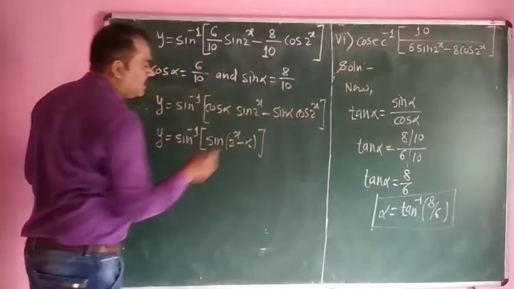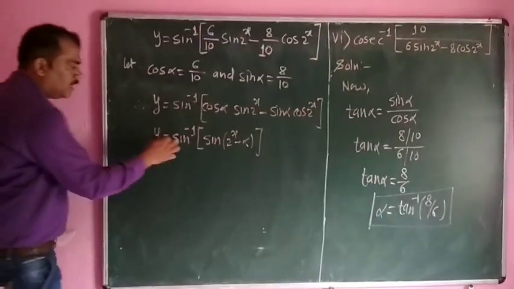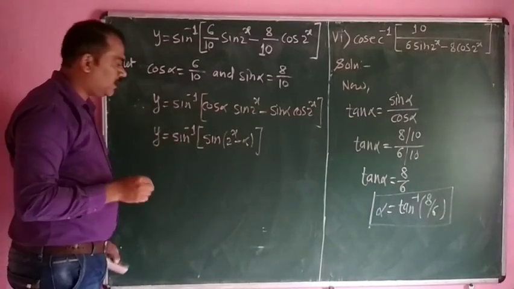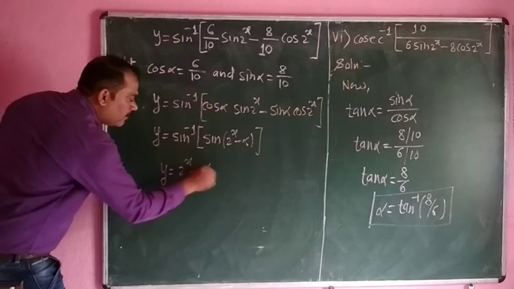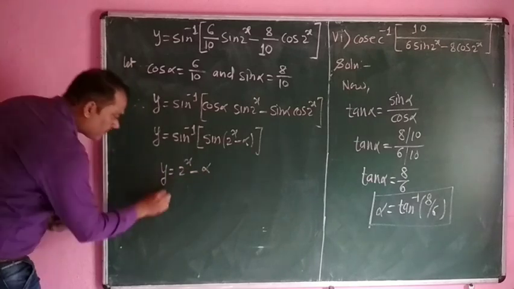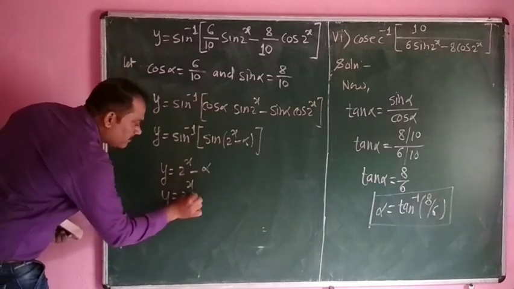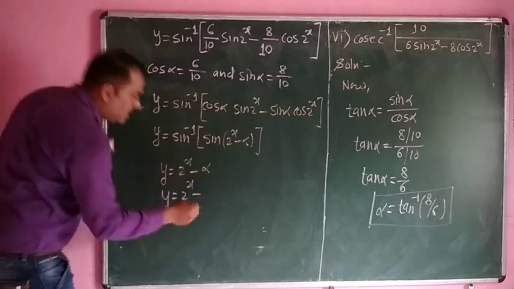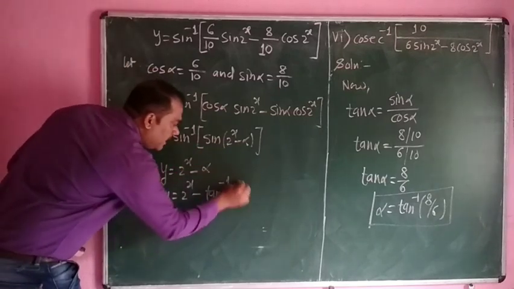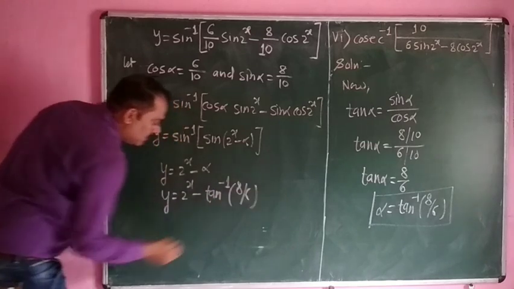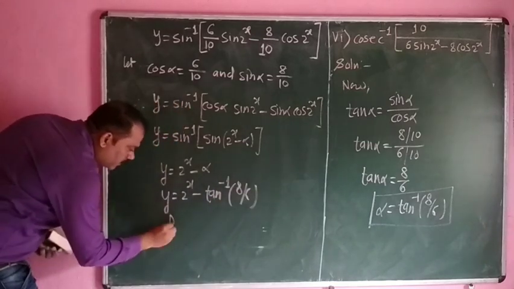Here the minus sign is there, so we use the minus. Sin inverse of sin x is nothing but x, so we get y is equal to 2 raised to x minus alpha. What is alpha? 2 raised to x minus alpha is 2 raised to x minus tan inverse of 8 by 6. We have to differentiate this with respect to x.